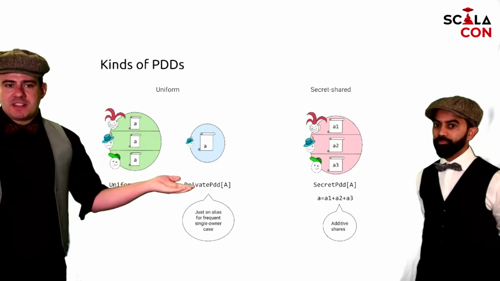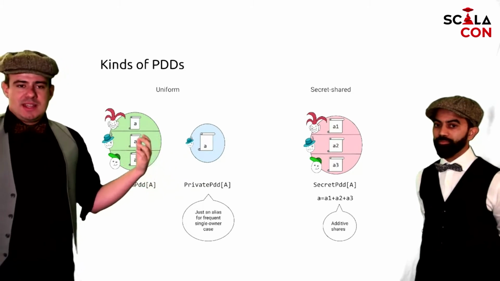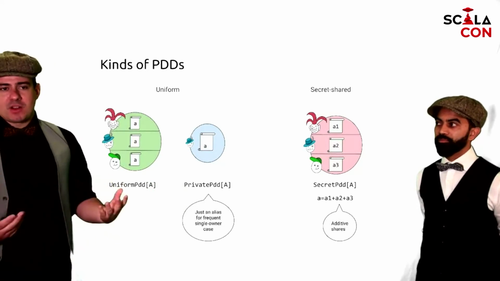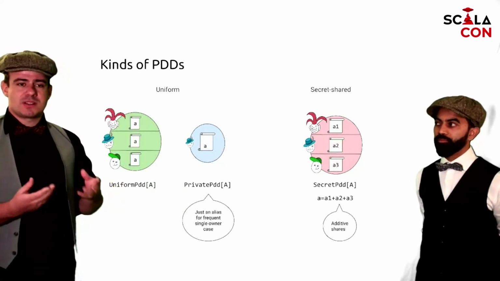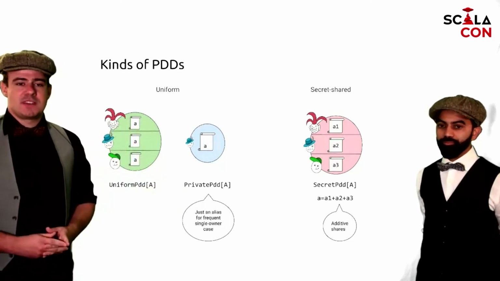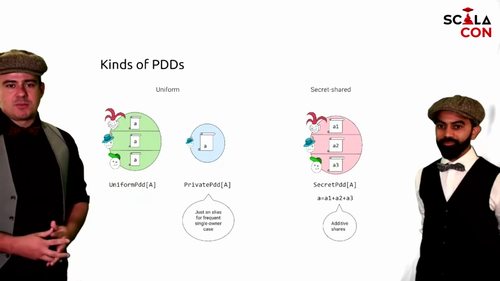There's a specific degenerate case where there's only one party that has access to it. It's also a uniform PDD. We give it a special name, private PDD, because it's very common. When you source data, when you instruct someone, say, hey, Alice, read data from this CSV file, it gives you a PDD that has one partition and is also plain text.